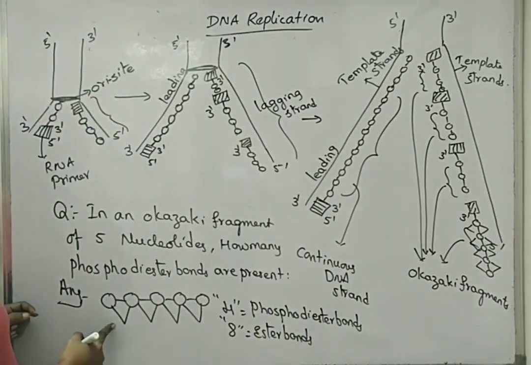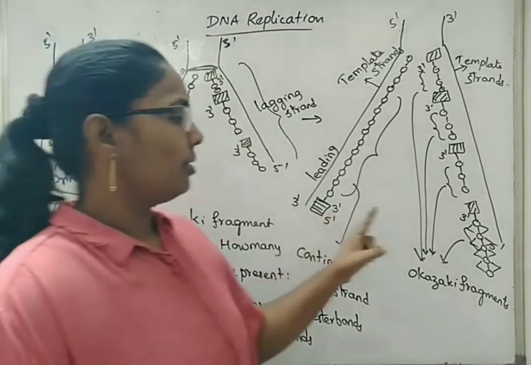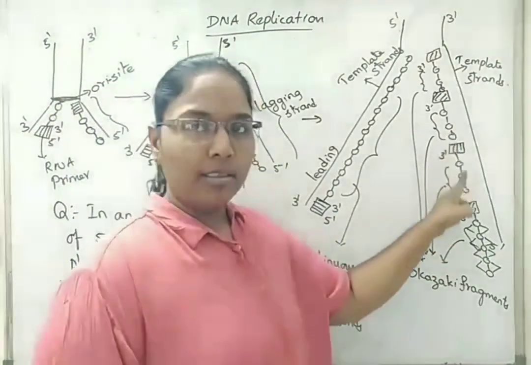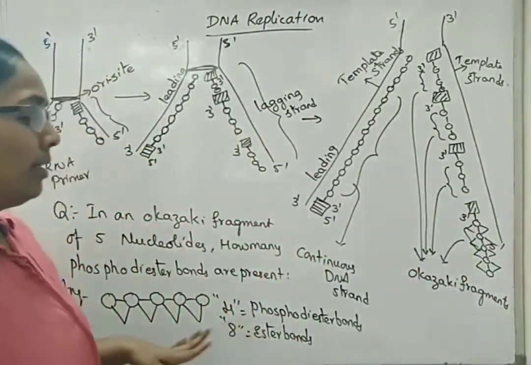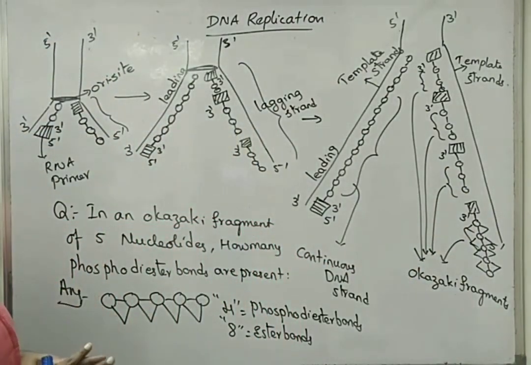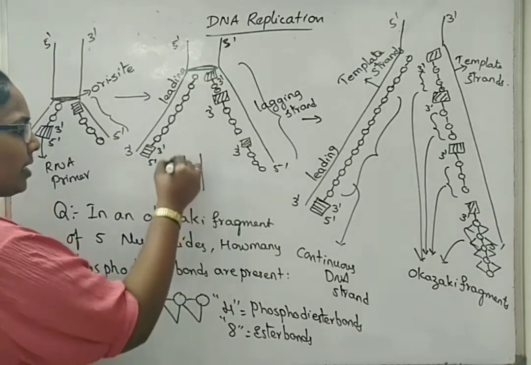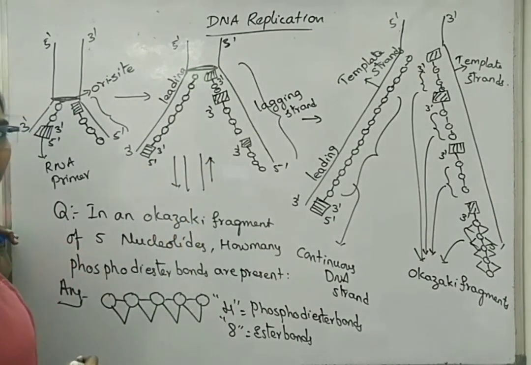Next. Okay. So this will be the one model question regarding the number of Okazaki fragments and number of phosphodiester bonds. Clearly we have to think about whether the question is about a single strand or about the double strand. If a term was given between complementary strands, then we should double the number of phosphodiester bonds, because we know that in the case of DNA, the 2 strands are running anti-parallel to each other.